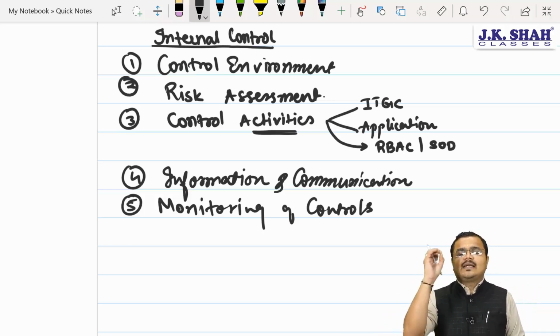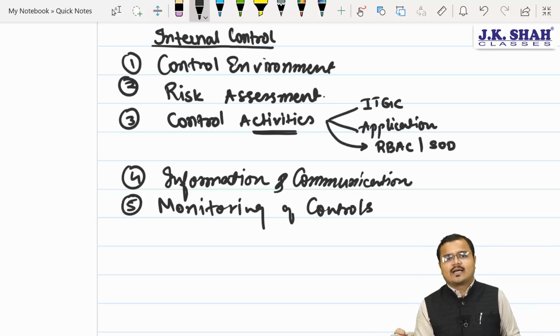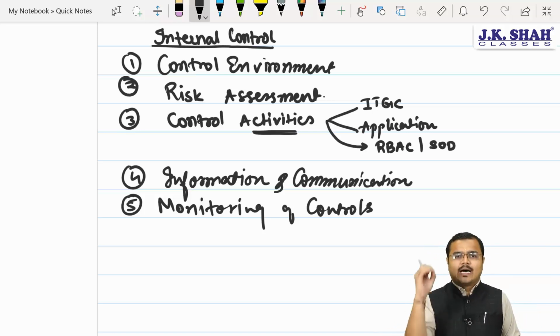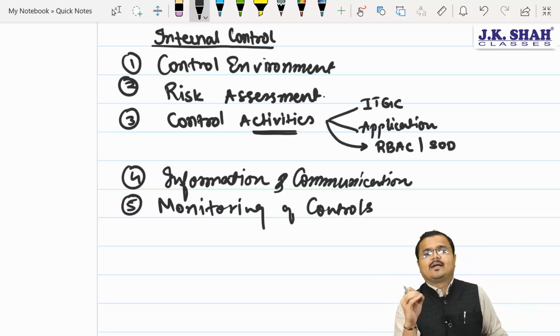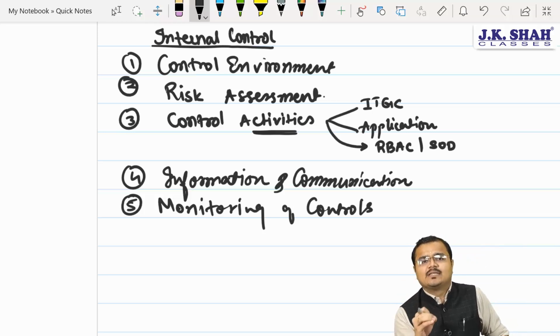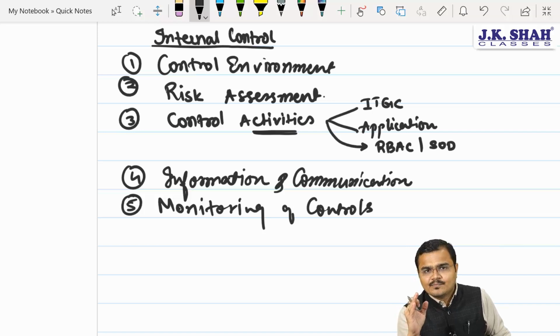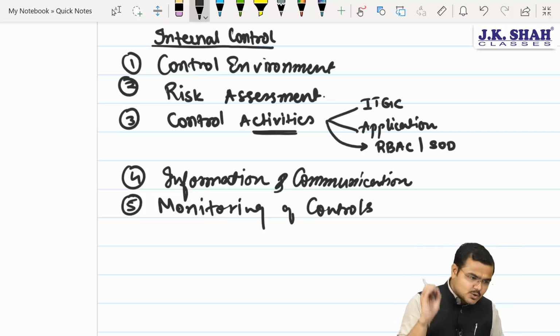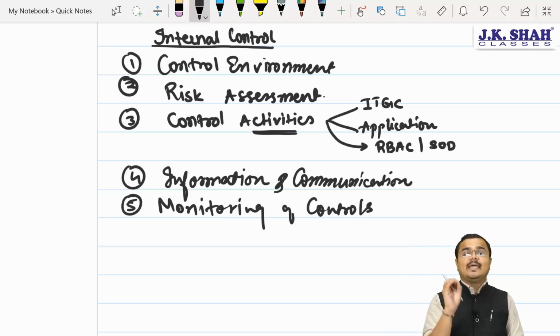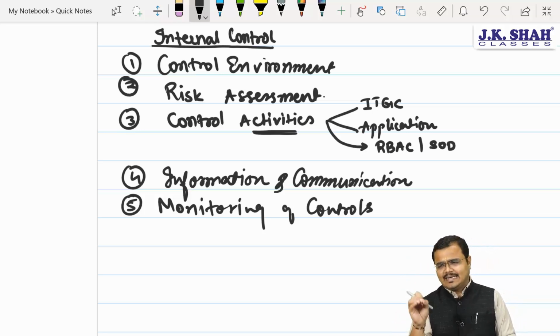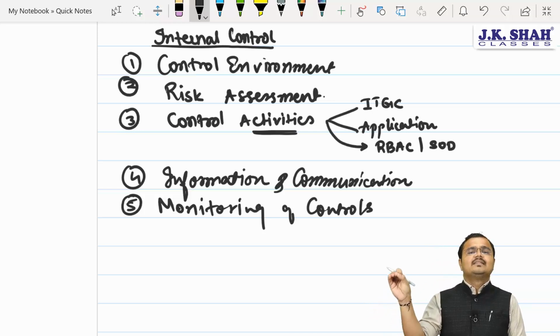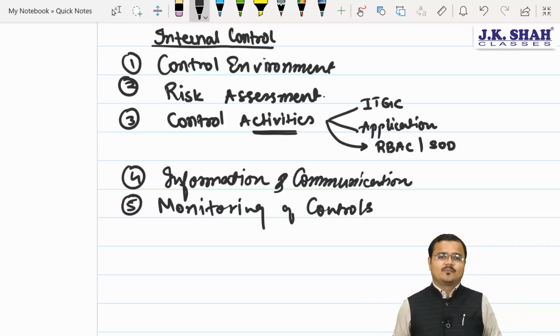You have to constantly and continuously check whether all the controls are properly and effectively implemented or not, and whether they are producing the requisite results or not. Designing the control is not the only requirement. We need to see that the control is implemented effectively at every level wherever it is designed for.